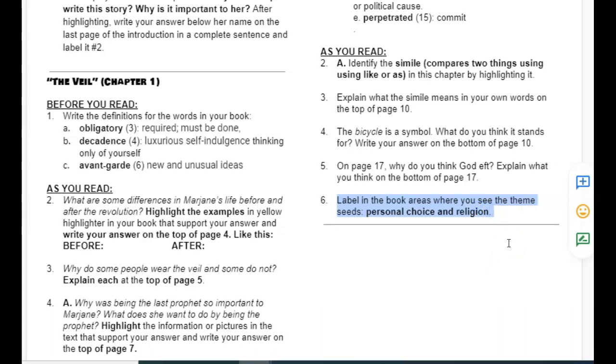What are the 2 theme seeds or topics I can use for chapter 2? Look at number 6, right here. Once I label that section, that's all you have to do. You don't have to write anything else. You just label the page.